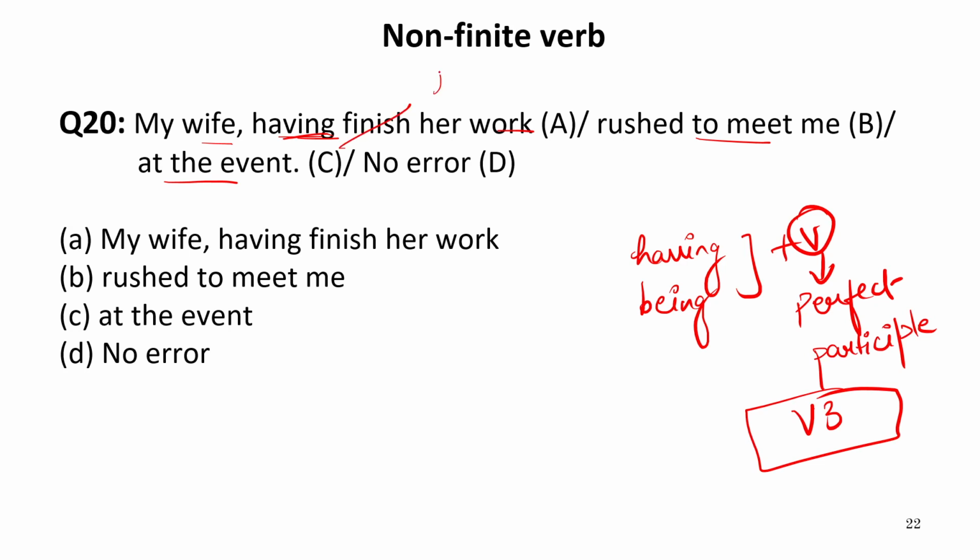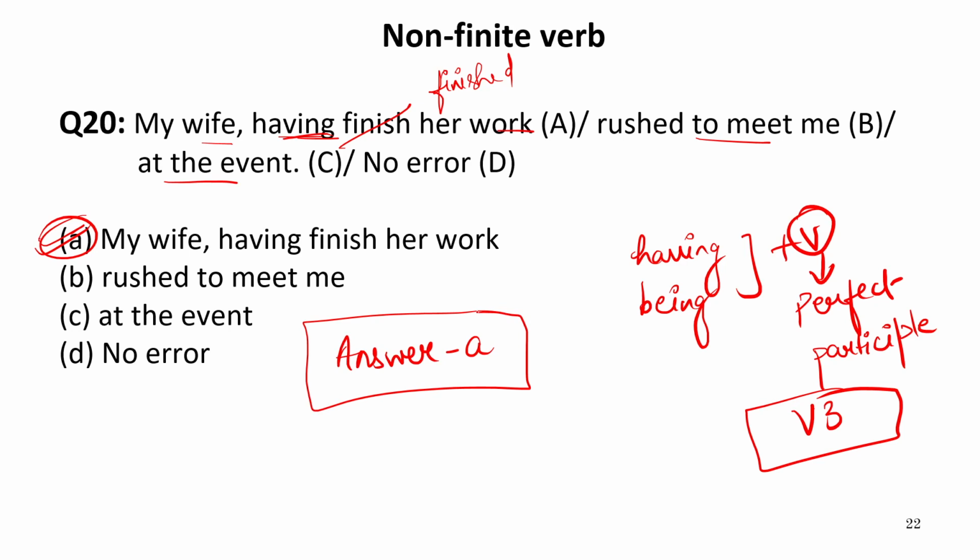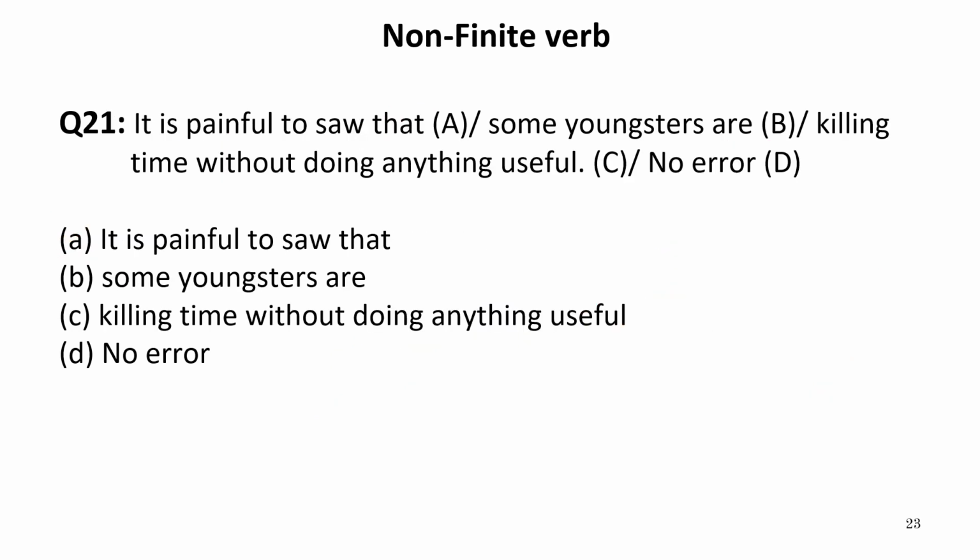So this finish should be replaced with finished. Now the meaning of this sentence, my wife having finished her work, can be: after completing her work. So the error is in part A. Answer is A. Now let us move to the next one.